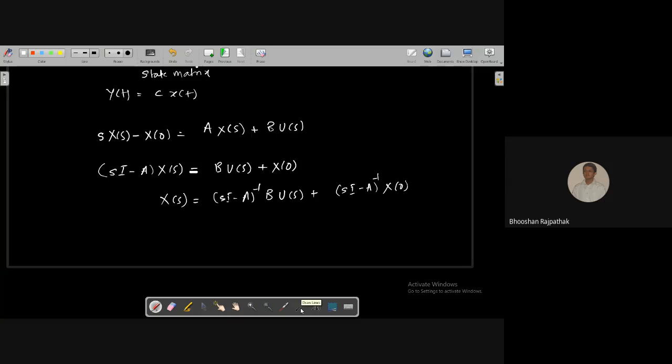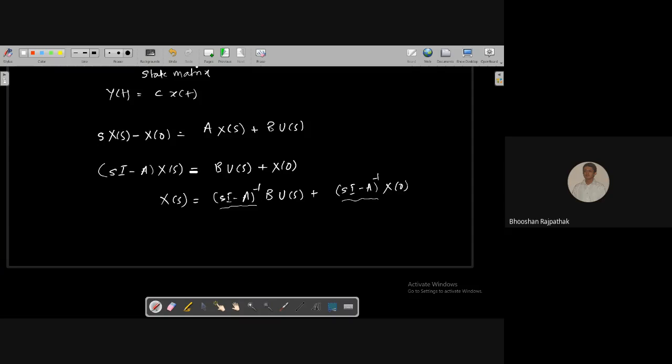In sI minus A, s is our symbol, I is the identity matrix, and A is our state matrix. So we are taking the inverse of that matrix, and then multiplying B into U of s.